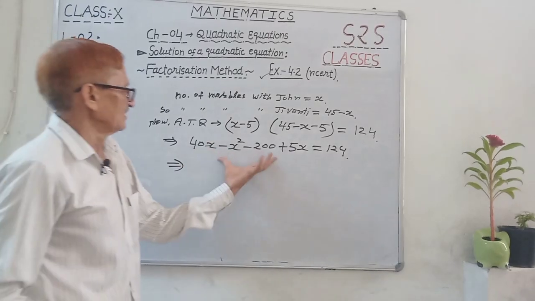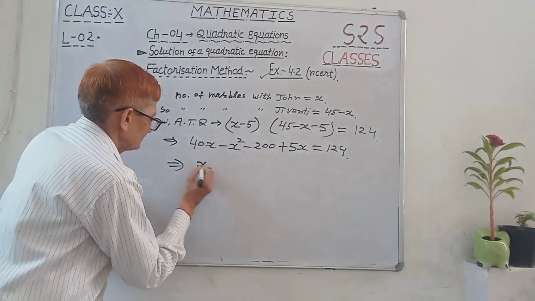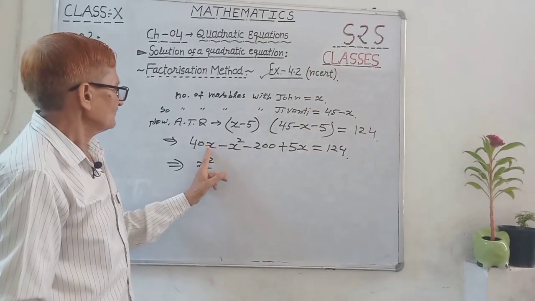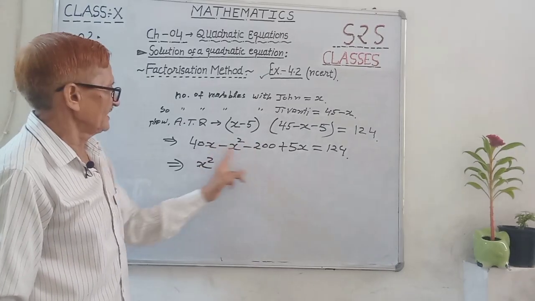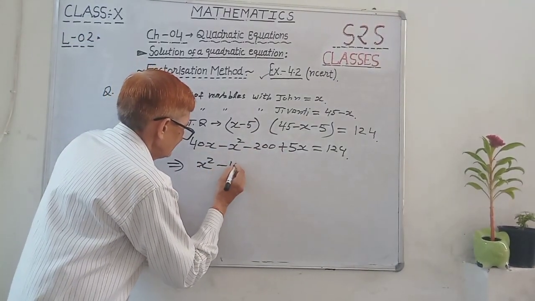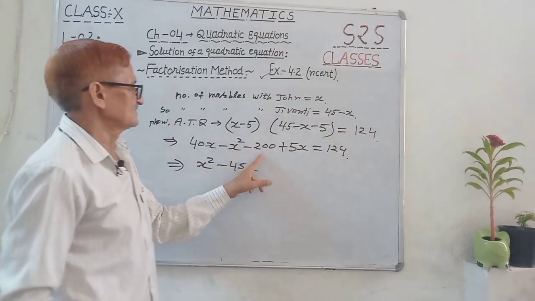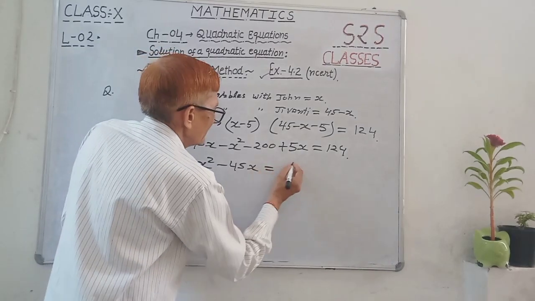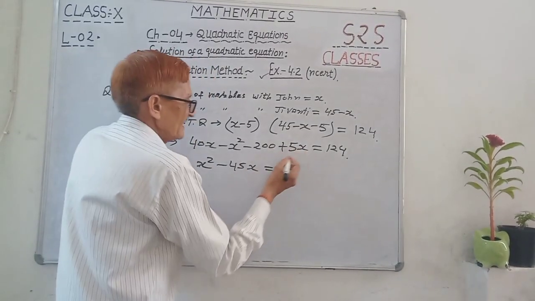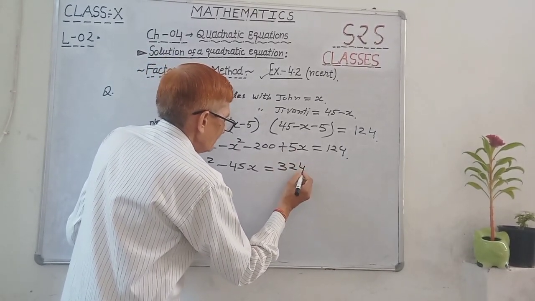Then take all these terms to that side. So minus x square becomes plus x square on that side. And 40x plus 5x, 45x, will go to that side as minus 45x. Now minus 200 will go to that side as plus 200, and 124 is present there, so add both, we get 324.